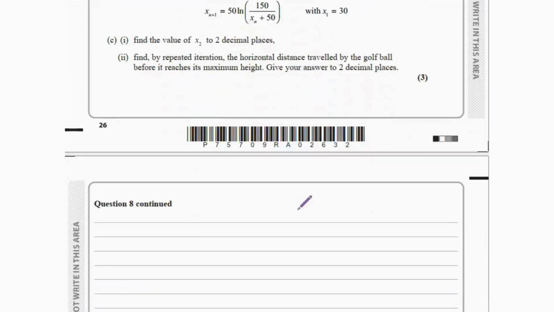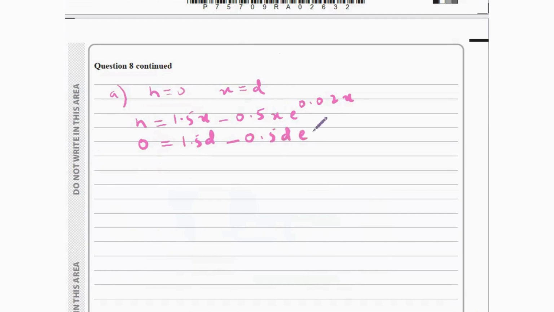So for the first part, h is 0, x is d, which means 0 equals 1.5d minus 0.5d times e to the power of 0.02d.